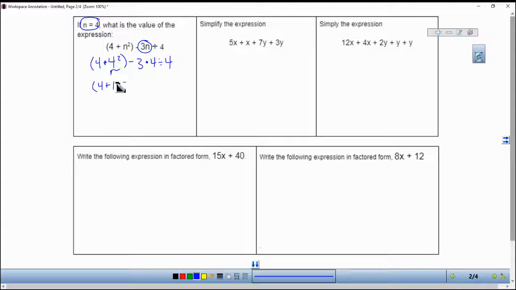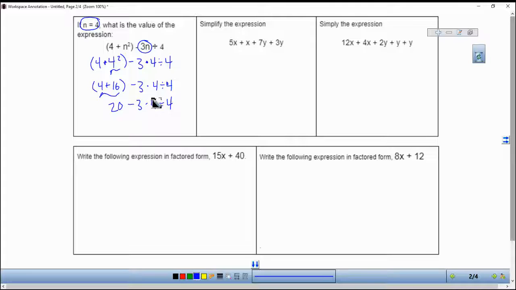So 4 plus 16 minus 3 times 4 divided by 4. We still have parentheses because I didn't do everything in the parentheses, I just did the exponent. So we'll have to do the parentheses again. 4 plus 16 is 20 minus 3 times 4 divided by 4.